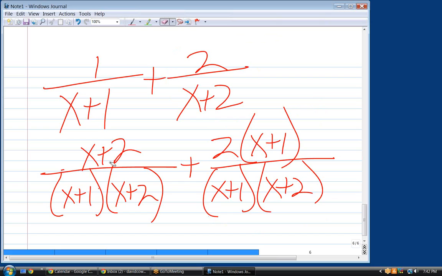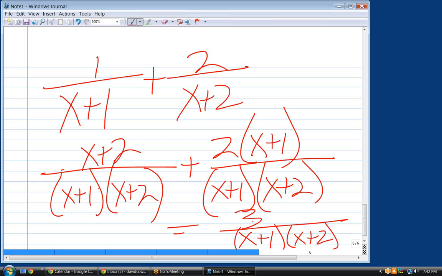Now, I can add the numerators. I can distribute and add the numerators. So I end up with an answer that is the common denominator, x plus 1 times x plus 2, and in the numerator, I have x plus 2 plus 2x plus 2. That's 3x plus 4.